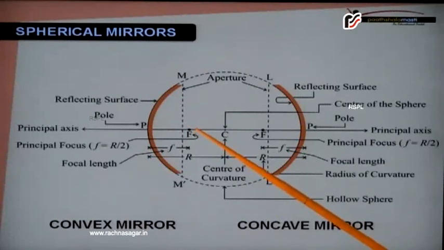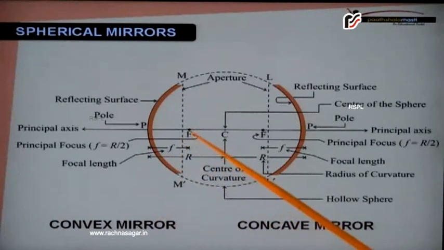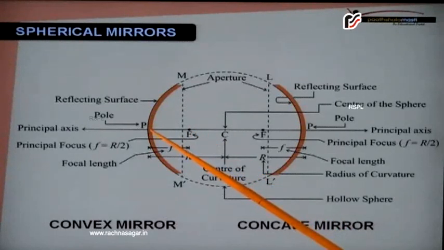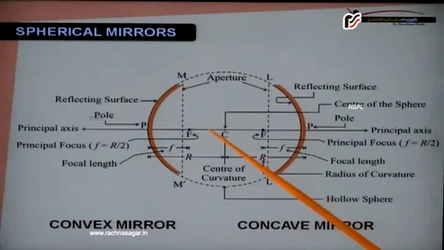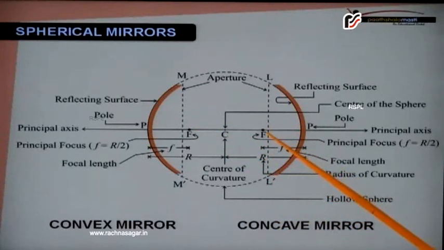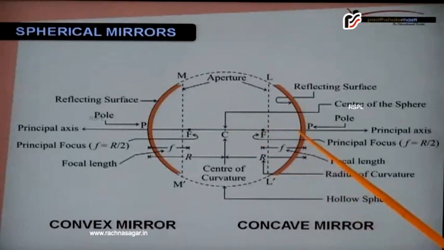This is known to be the focus of convex mirror. This focus is the midpoint of P and C. That is, in the same case for the concave mirror, F is the focus, which is the midpoint of P and C.